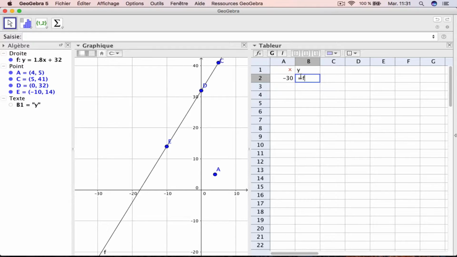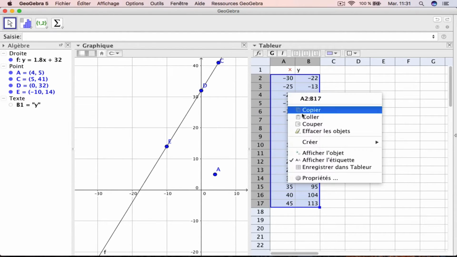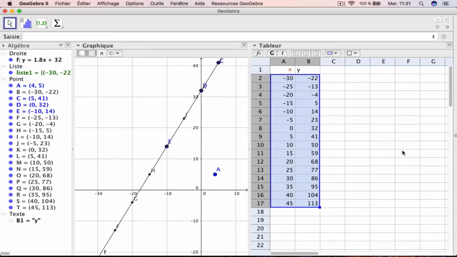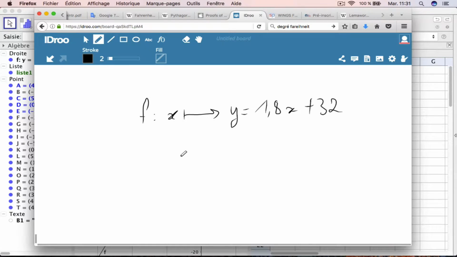And here we've got f of minus 30. Okay, here we've got these guys plus 5. So now we can have a look at some points. And if we represent them, they all fit on the line. Okay? This kind of function is called an affine function.